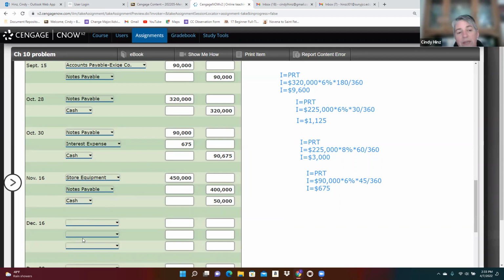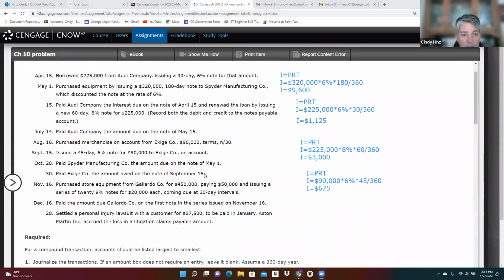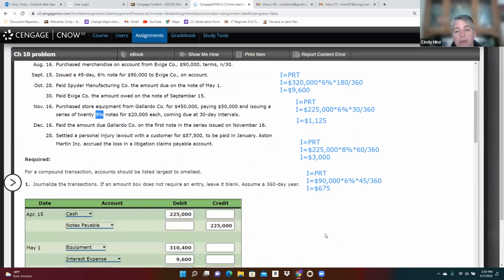So on December 16th, the first note matures after just 30 days. So we're only going to pay 30 days worth of interest. And I think that interest rate was 9%, right? Yep, 9%. So on December 16th, we're going to pay the first note that's only been outstanding for 30 days.